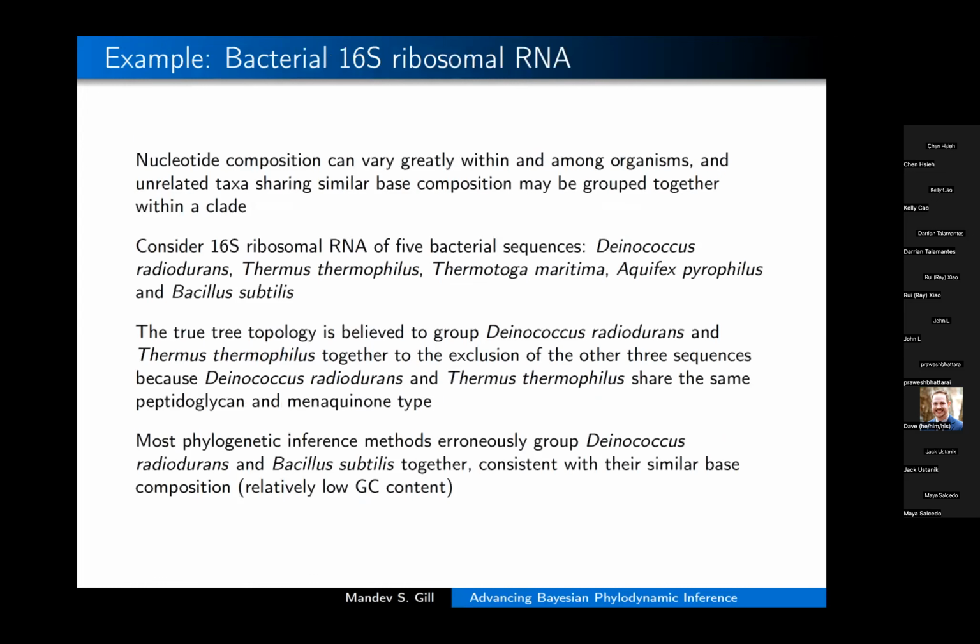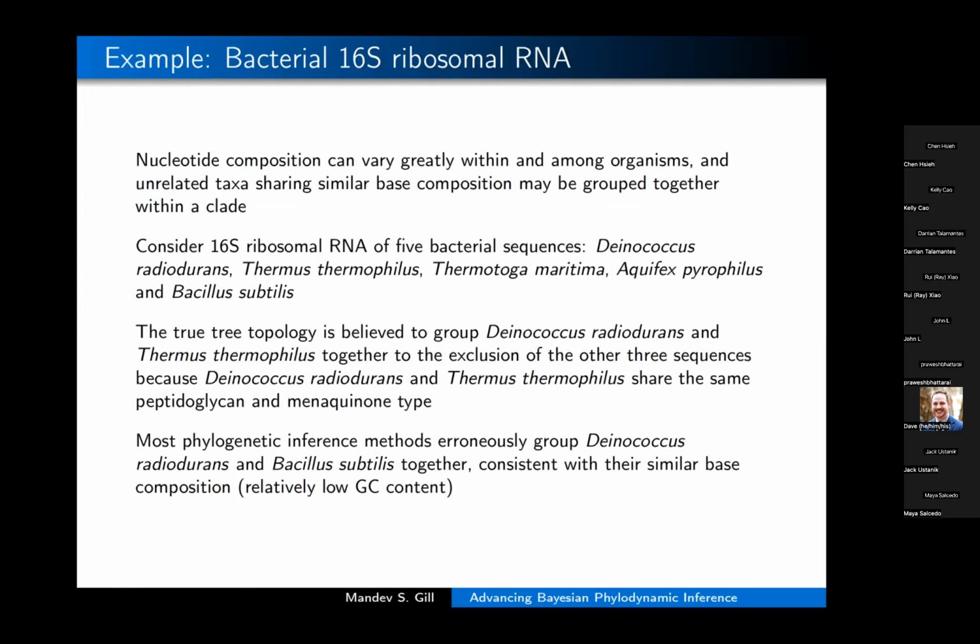Okay, so let's look at an example of where this type of Markov modulated approach can make a big difference. Nucleotide composition can vary greatly within and among organisms, and as a result, unrelated taxa sharing similar base composition can sometimes be grouped together within a clade.